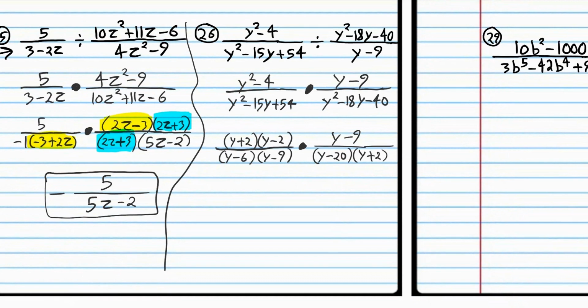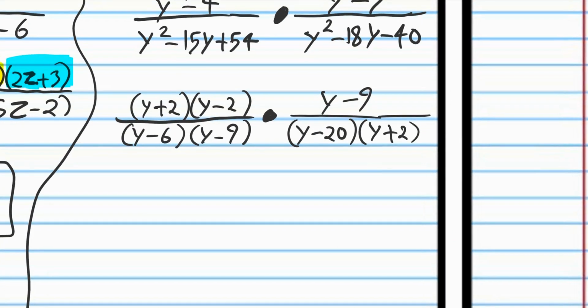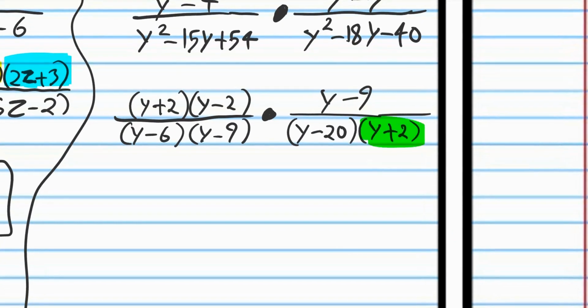All right, so now we're ready to cancel out. And it looks like that's it. So we just multiply straight across. Whoops, I don't need my parentheses because there's only one term in the top.